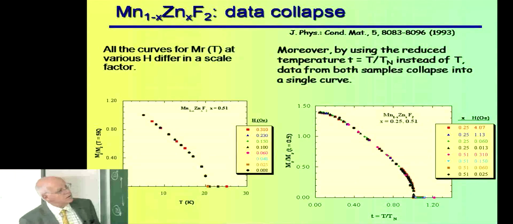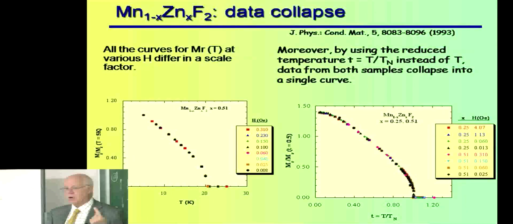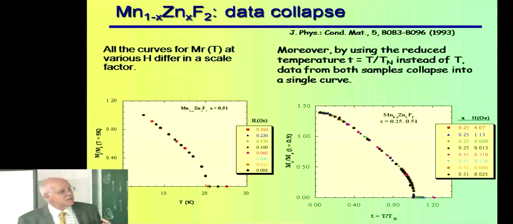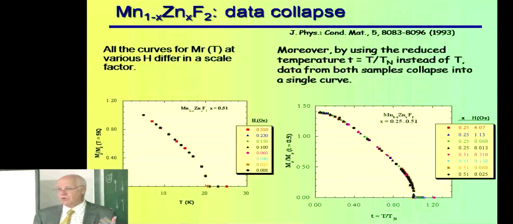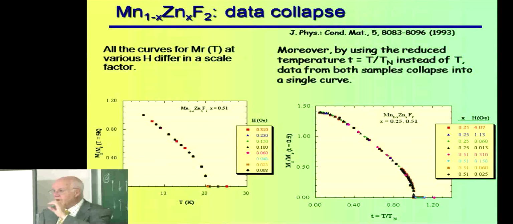When we do that, of course, all of them collapse into a single curve. What does that mean? That means they depend on the magnetic field only by a scale factor. This very small magnetic field only affects a scale factor.